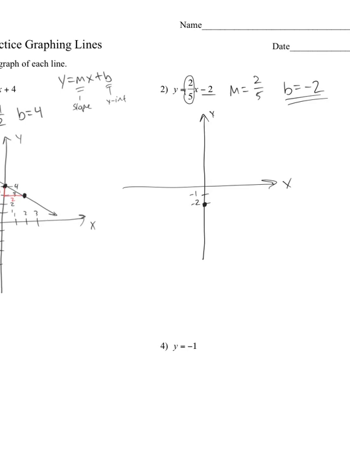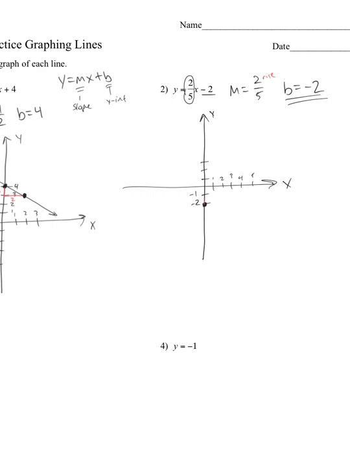And having a slope of 2/5, I know I'm going to have to go up a little bit, and I'm going to have to go right a little bit. 1, 2, 3, 4, 5. In fact, I'm going to have to go right 5 if I'm thinking about rise over run. Okay. I'll use red to highlight the slope again here. So my rise, I'm going up 2.